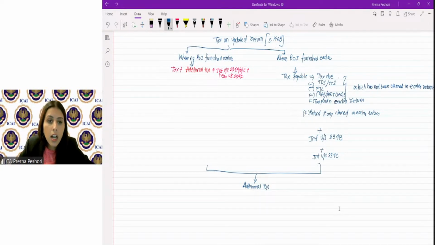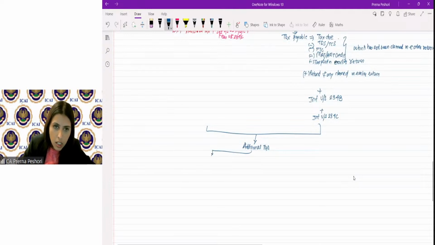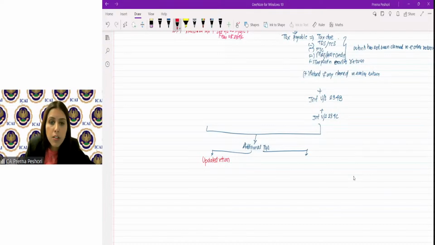So, if the updated return is furnished before the completion of 12 months, before 12 months from the relevant assessment year, then it is 25% of tax and interest payable.